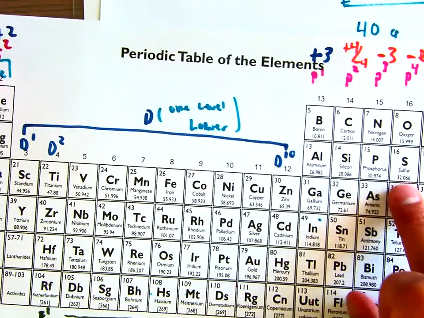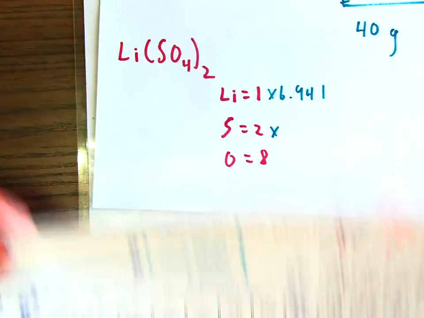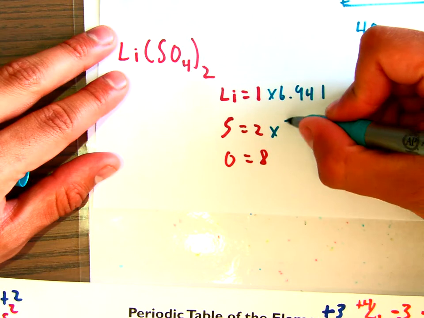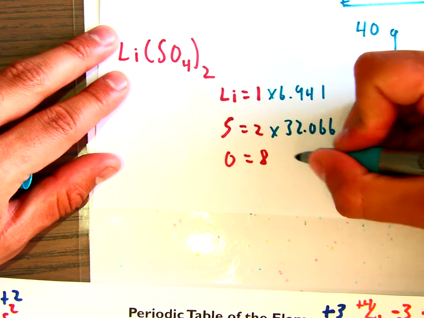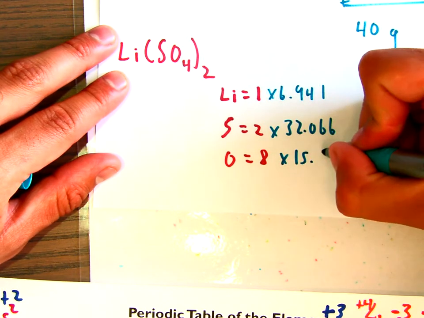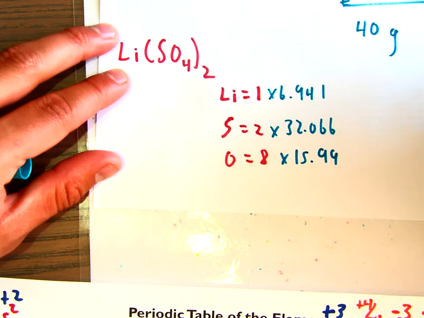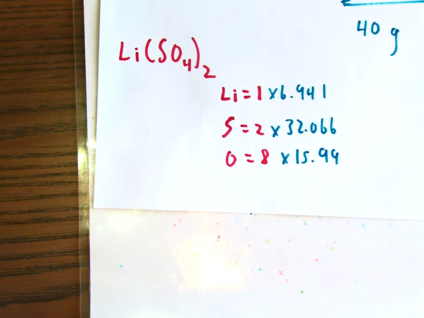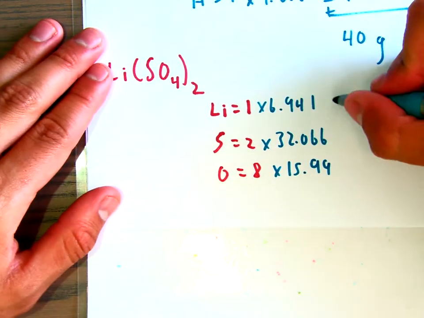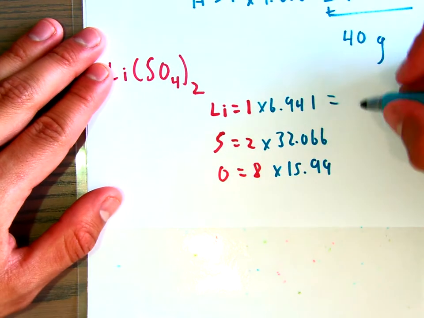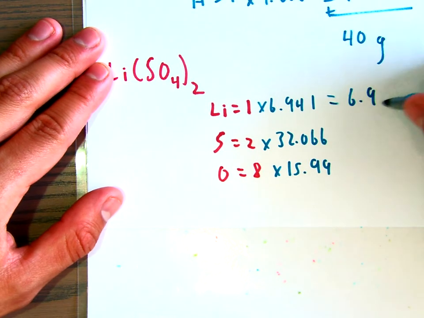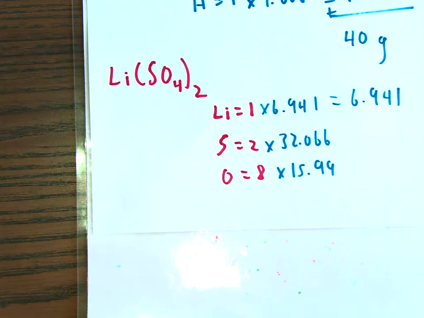Sulfur will be 32.066. So 32.066. Oxygen is 15.99. As you do it more and more, you're going to start kind of remembering a lot of these molar masses. Okay, so you can be able to memorize them. So 1 times this gives me that, right? I don't have to use a calculator for any of that.